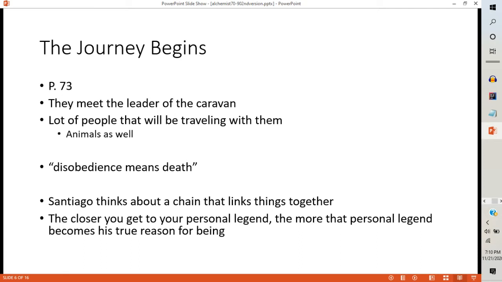So they're on this journey. Santiago makes a point here, thinks about a chain that links things together. So he mentions that there's no such thing as a coincidence. Or this is what the Englishman says. And Santiago starts to think, well, okay, there's no such thing as a coincidence. How I was traveling, I met this gypsy, I met this king, they tell me of a personal legend.